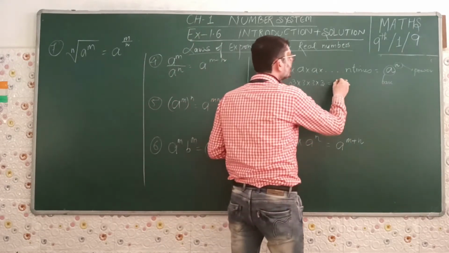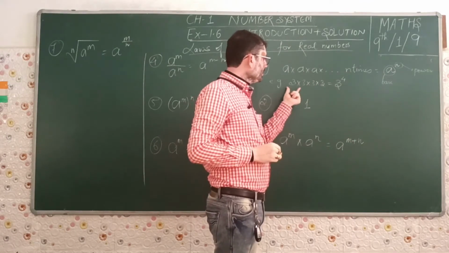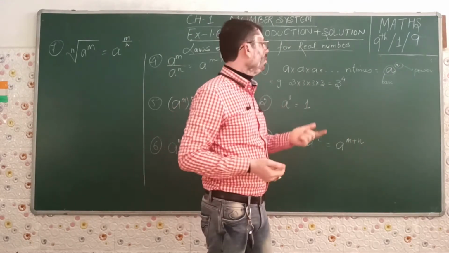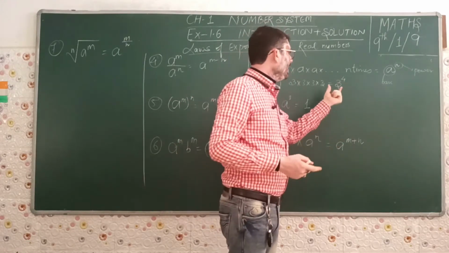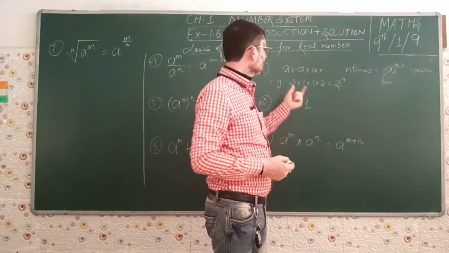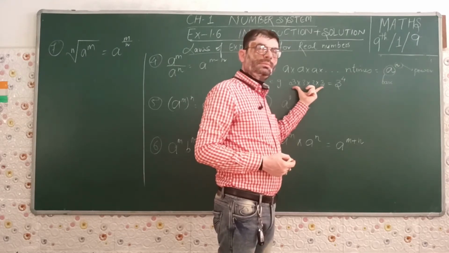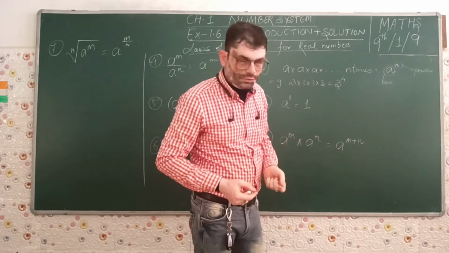This can be written as 3 to the power 4. 3, the number that is occurring, and the power denotes the number of times a number is occurring. This power will denote the number of times, and this 3 is denoting the number itself that is occurring. So 3 into 3 into 3 into 3, 4 times the number 3 is occurring, so it can be written as 3 to the power 4.